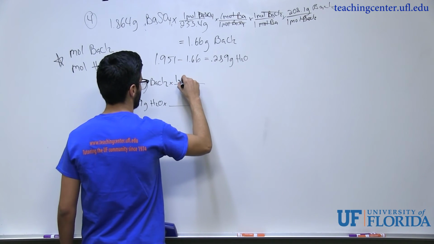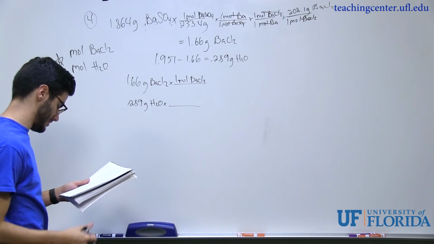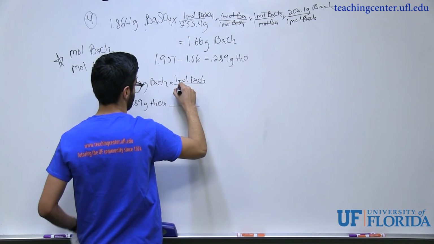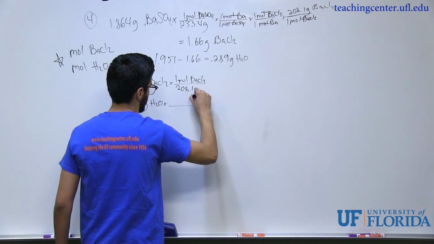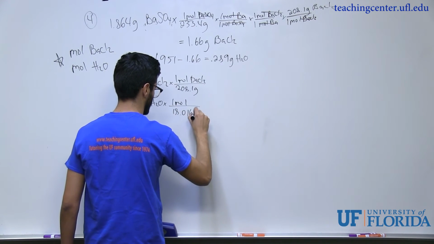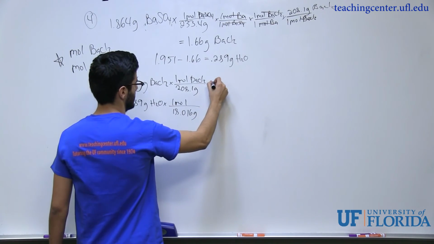I know there's 1 mole of barium chloride per 208.1 grams, just like we had up here. And I know for every mole of water, 18.016 grams. That's probably a good molecular weight to memorize. You're going to be using water a lot in this class.